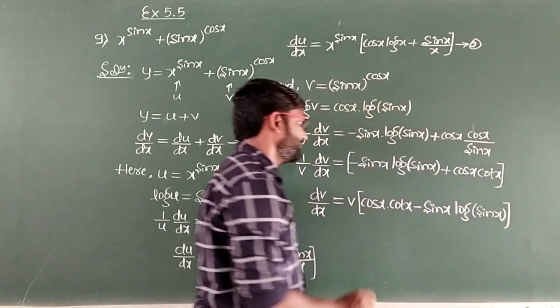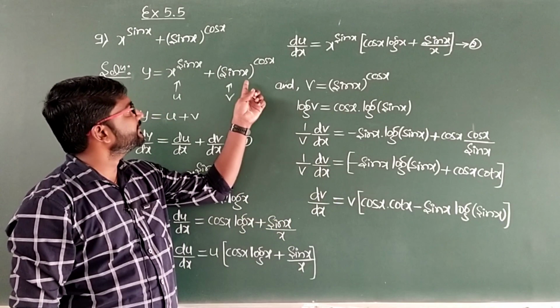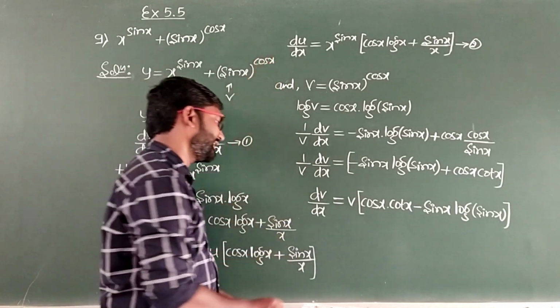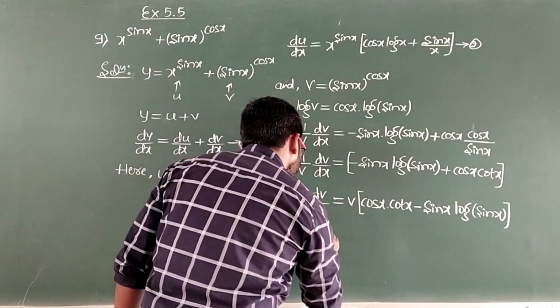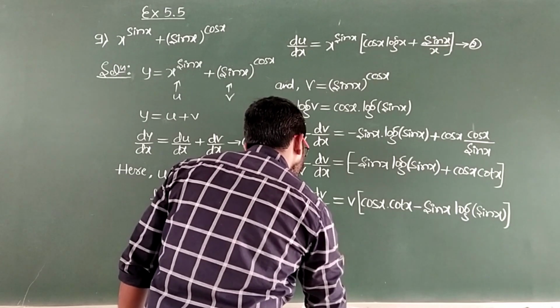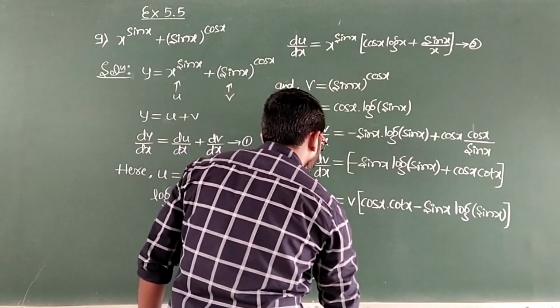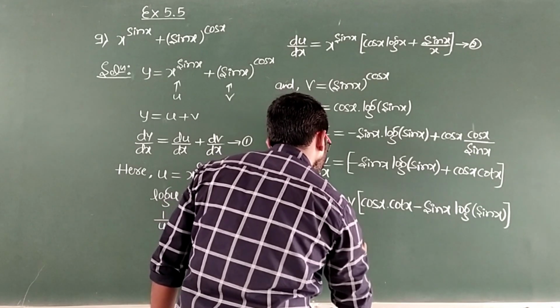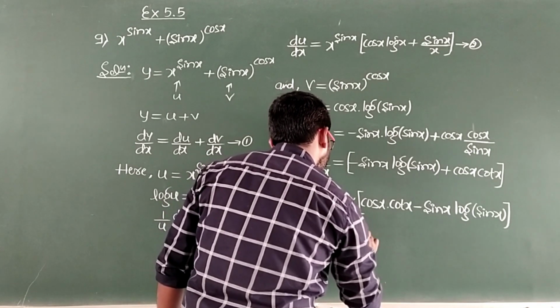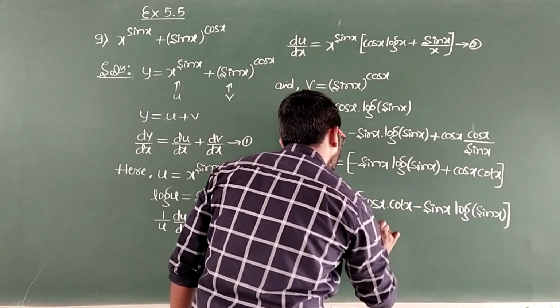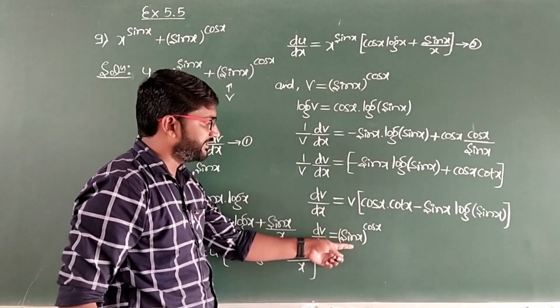So in the next step we have to replace v here. v is nothing but sin x to the power cos x. So dv by dx is equal to sin x to the power cos x, so I have replaced v here.